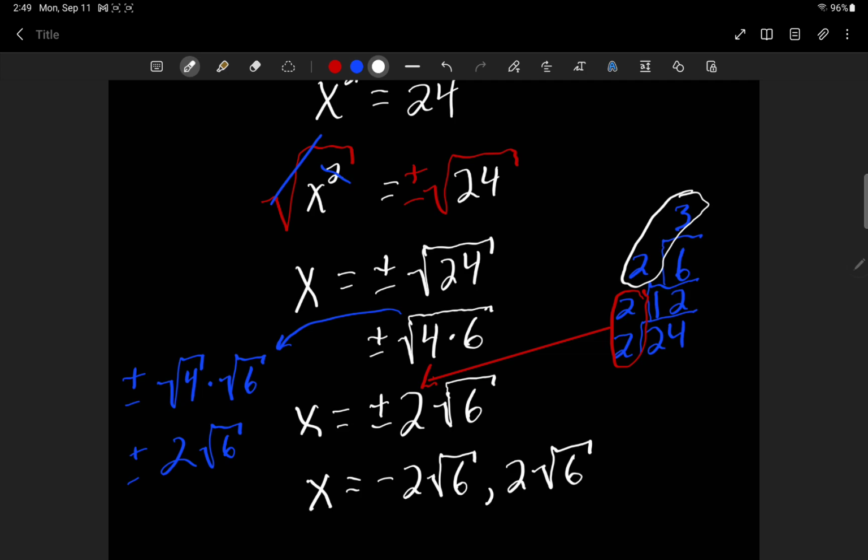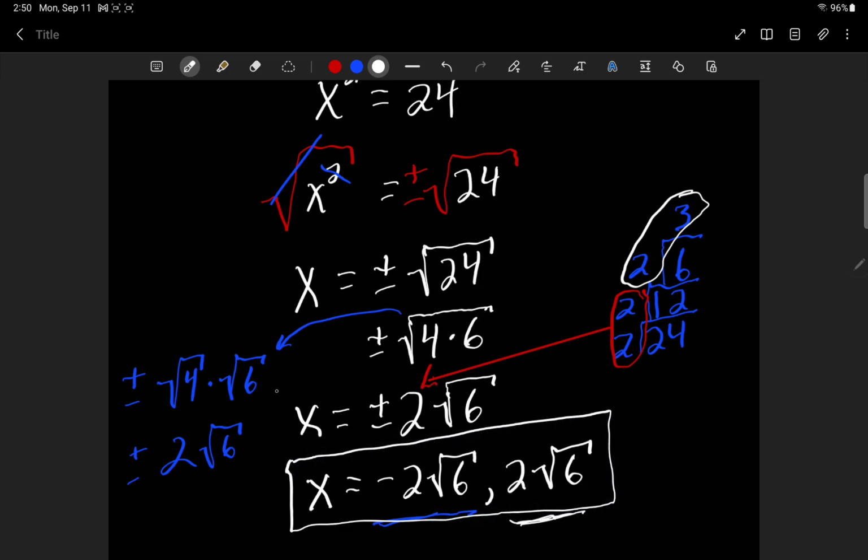So both the positive version here and the negative version here. So both of these are the same answer, just written differently.